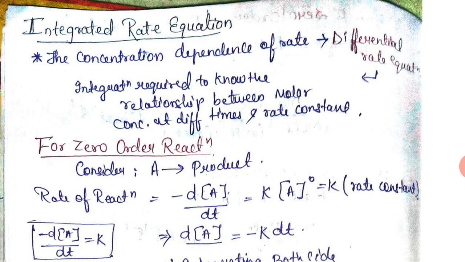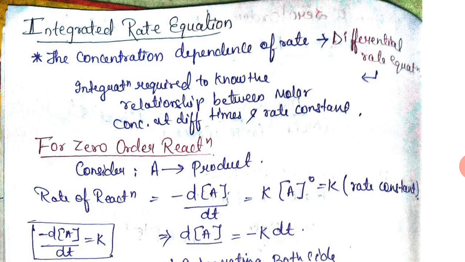So we need to integrate the rate equation. How will we know the molar concentration of the reactant, what should be the time, and what is the rate constant? These are all categorized as the simple ones, that is zero order and first order. First we will read about the zero order, then the first order.